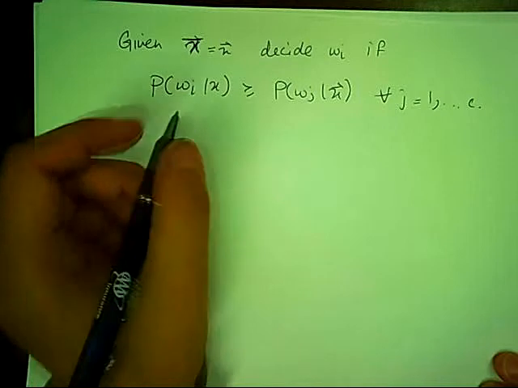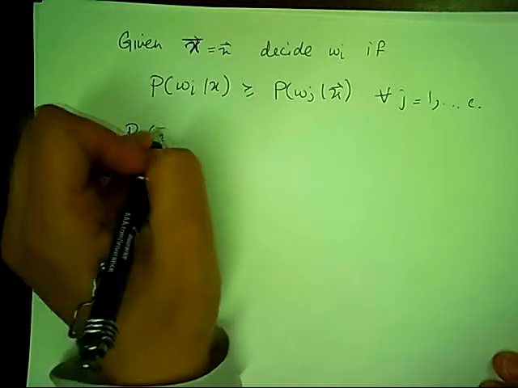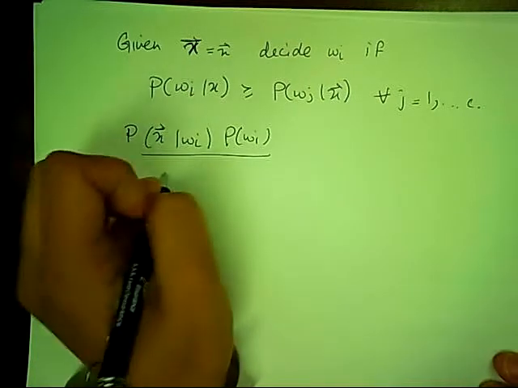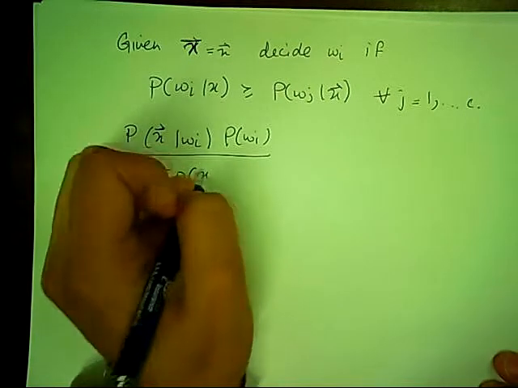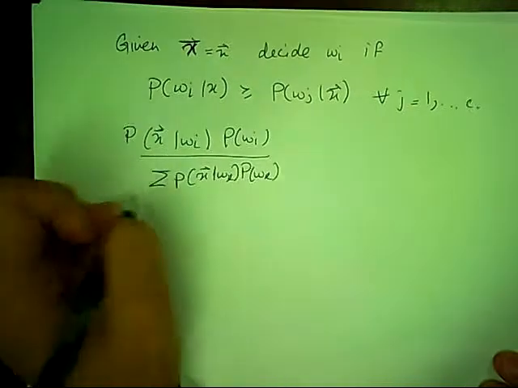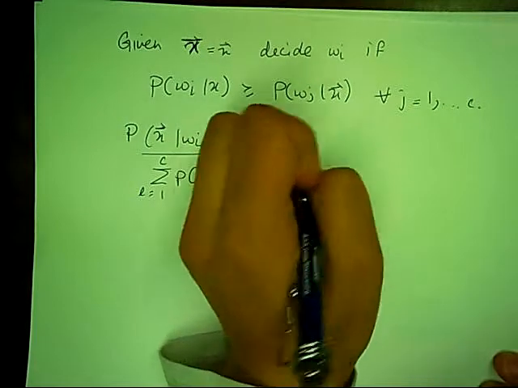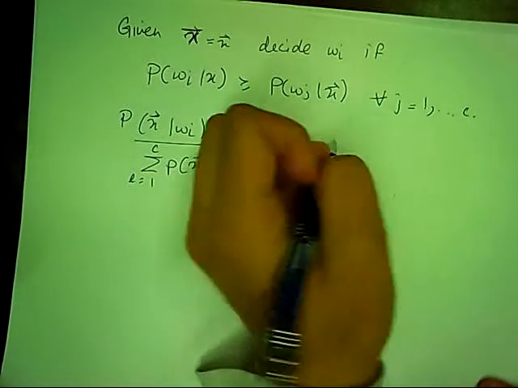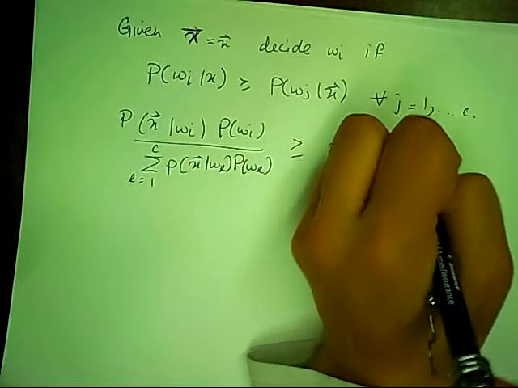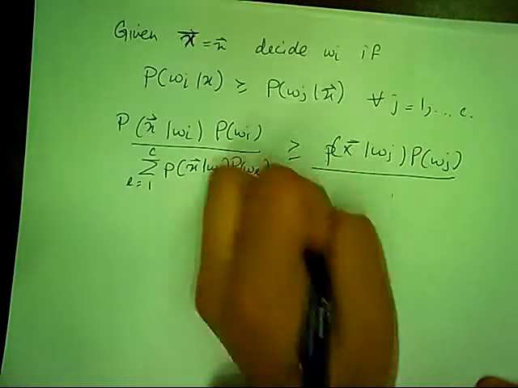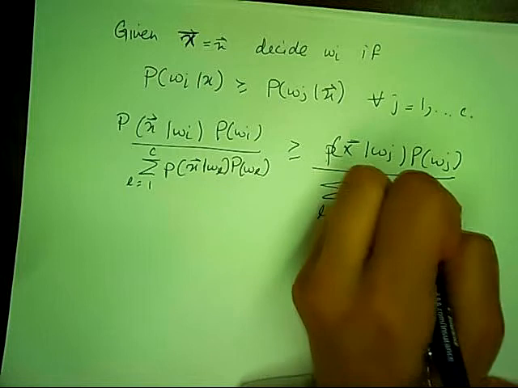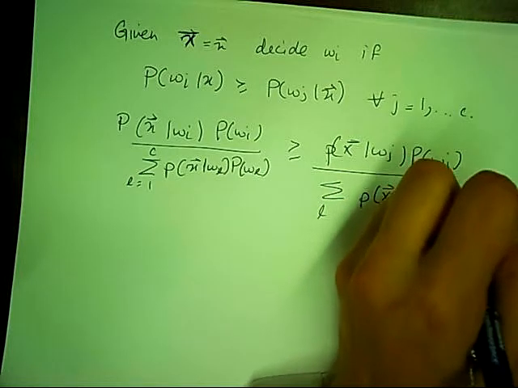Therefore, we take Bayes' theorem and say the probability of x given the class with the prior of class over the summation of the probability of x given class L, prior of class L, with L equals 1 to c, is greater than or equal to the probability of x given ωj, prior of ωj over the summation over L. I just expanded Bayes' theorem.